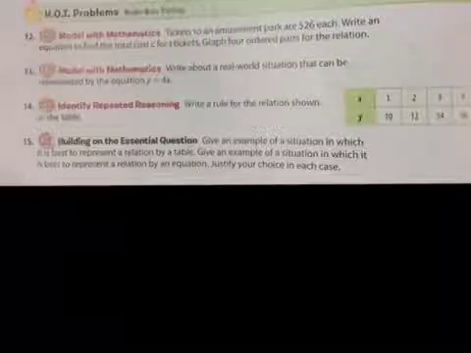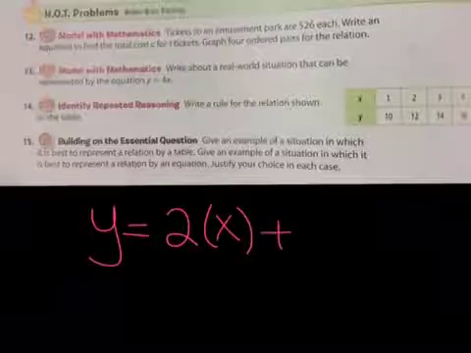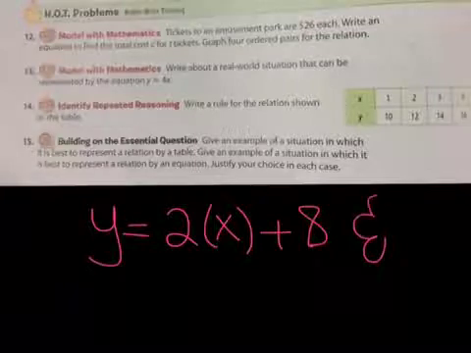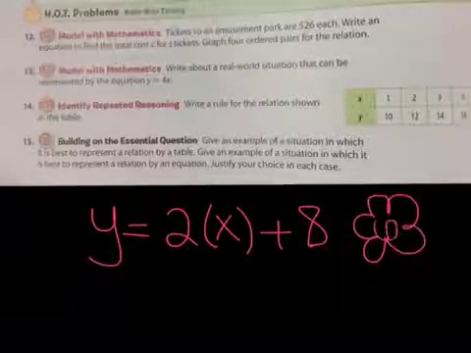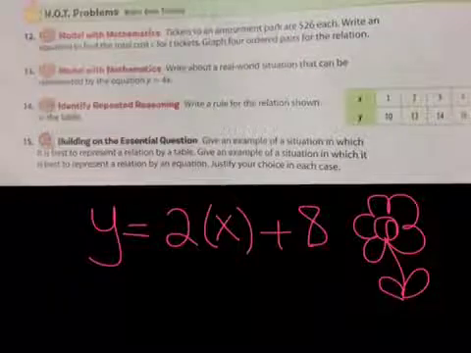Pause now. Okay, so what I was explaining was that the way we can get y is by multiplying our x by 2, we double it, and then we add 8. Go ahead and copy that down and draw a little flower next to it to show me that you watched this part. But please check.